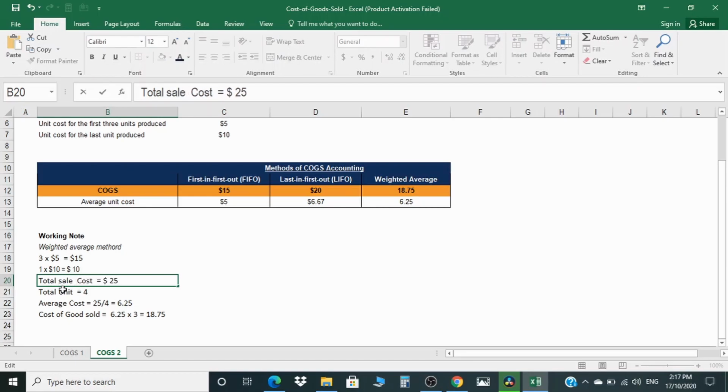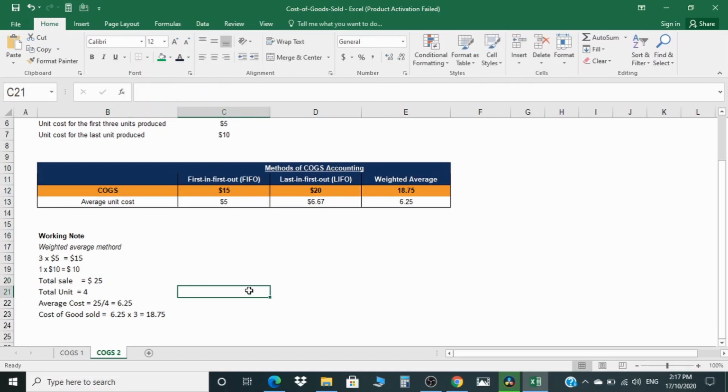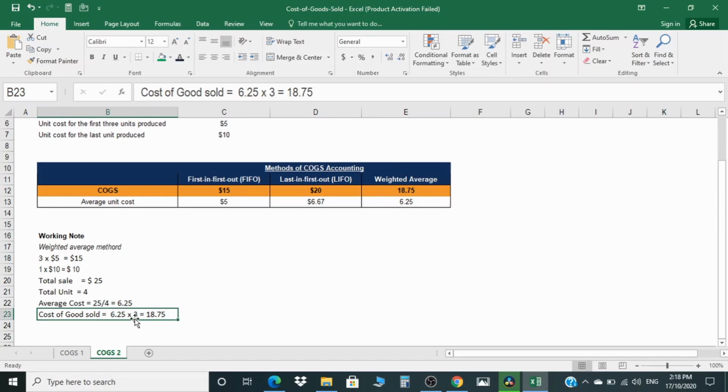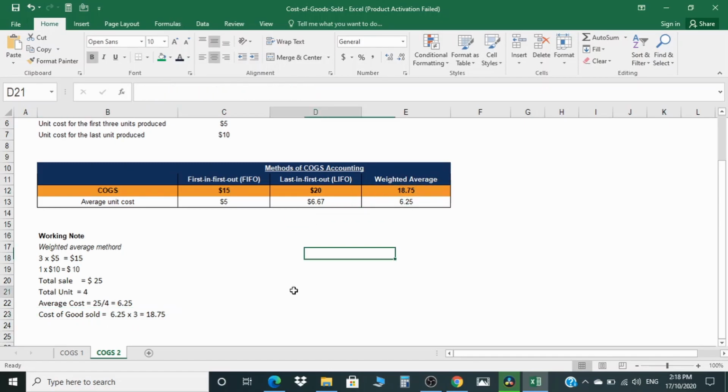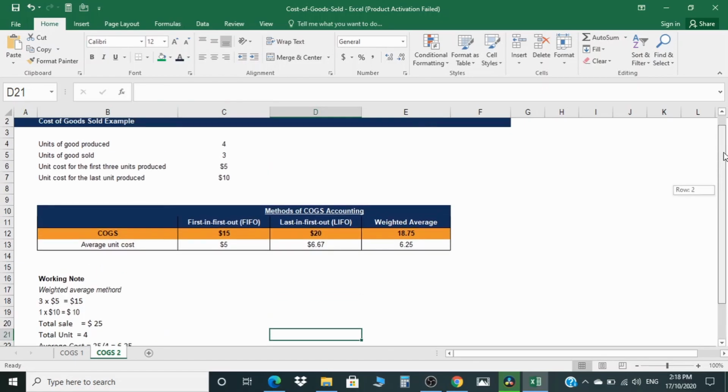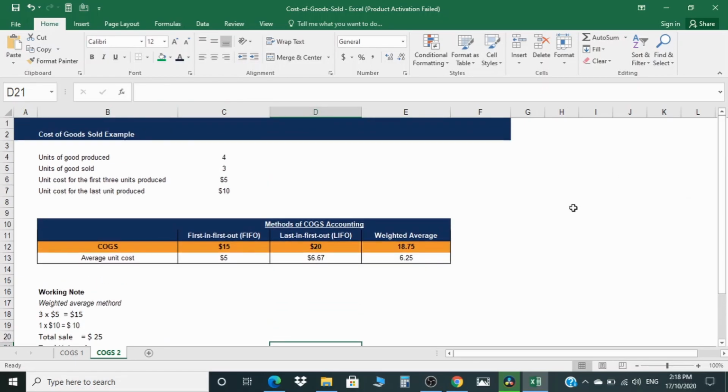Your total is $25, and the total units is how many? 3 here and 1 here, total 4. 15 here, 10 here, total 25. So if you want to take the average, you take 25 divided by 4, which is 6.25. And if you multiply 6.25 by 3, you will get the same answer as over here. So this is the logic behind it. I hope you understand this very much and learn something. I'll see you in the next video.